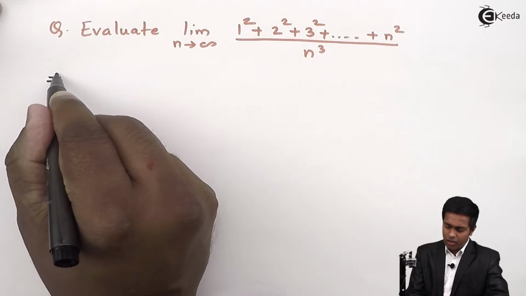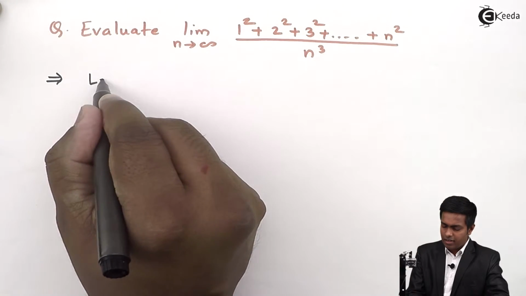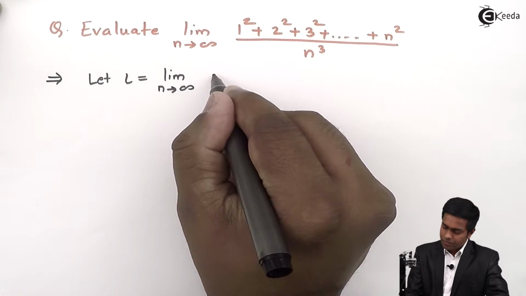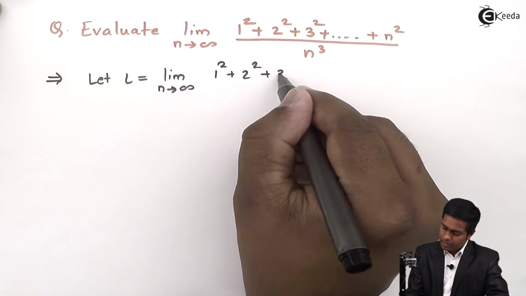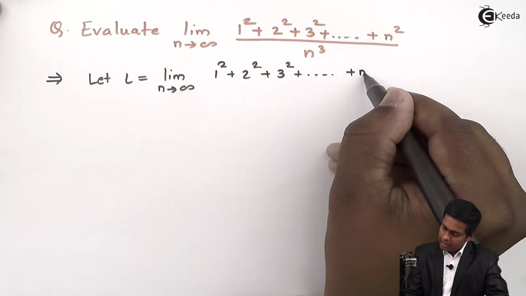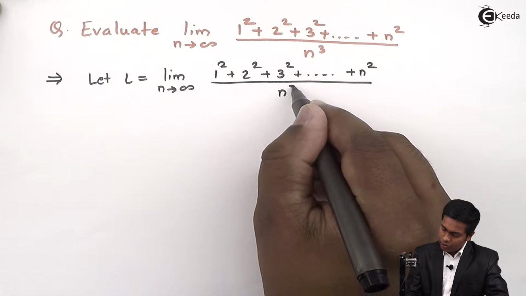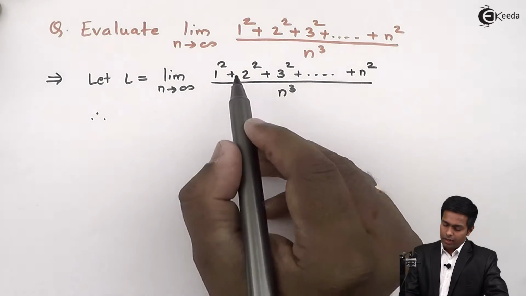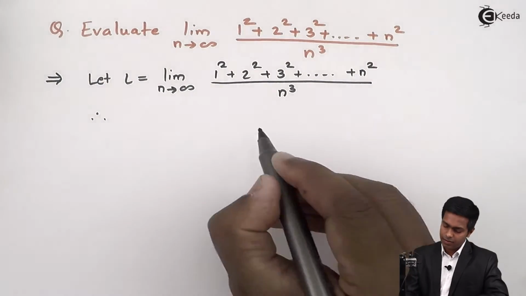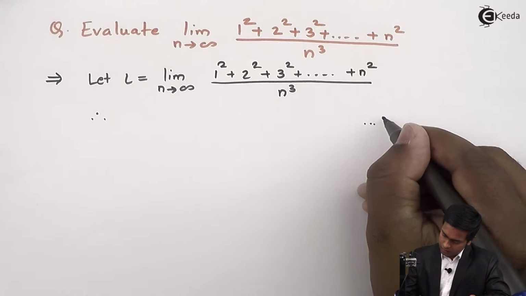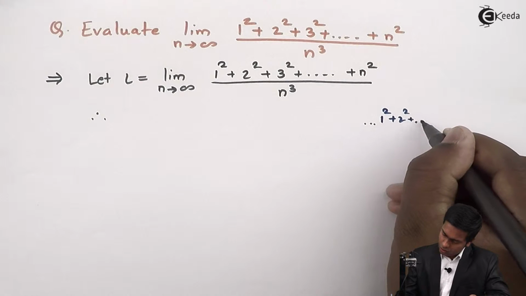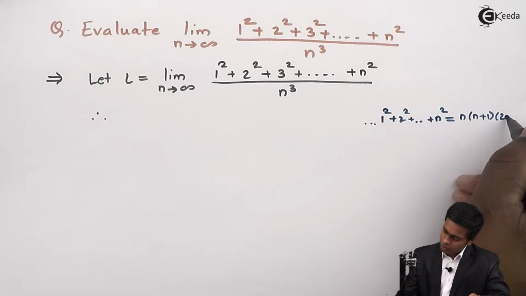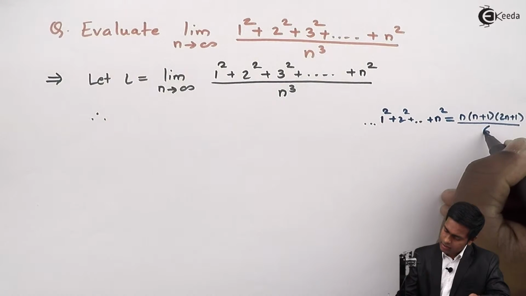So first of all, I'm assuming this given question as L. So let L equal limit n tends to infinity of 1 square plus 2 square plus 3 square plus so on till n square, whole upon n cube. Now the formula for this series is: 1 square plus 2 square plus so on till n square is equal to n into n plus 1 into 2n plus 1 upon 6.